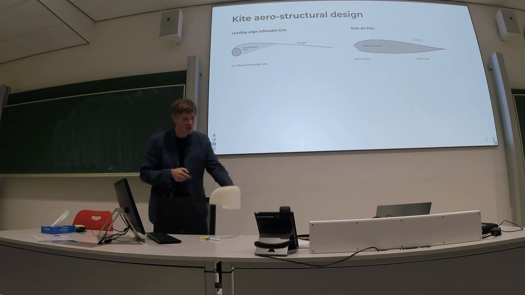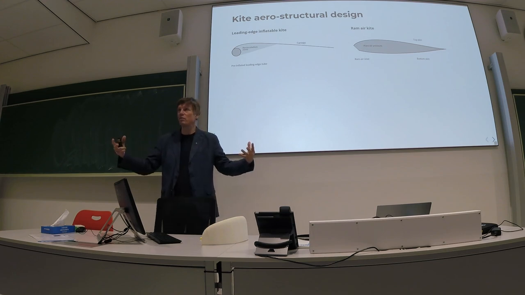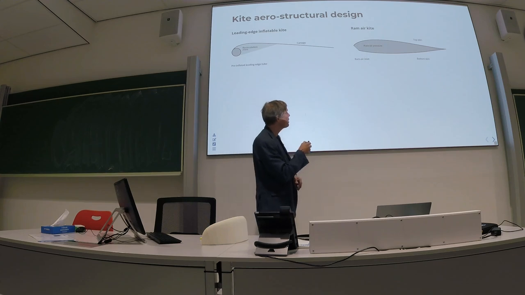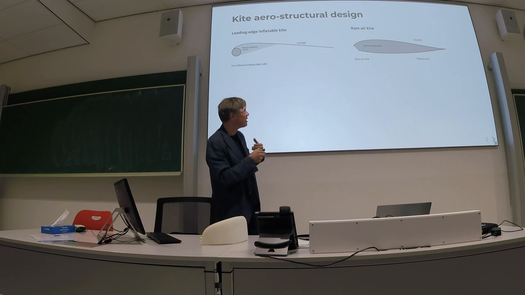So I mentioned the ram air wing. It looks like this. It's basically an air mattress, you have to imagine, with an opening in the front, and the incoming air creates a stagnation pressure, and that stagnation pressure is active in the whole inner volume.